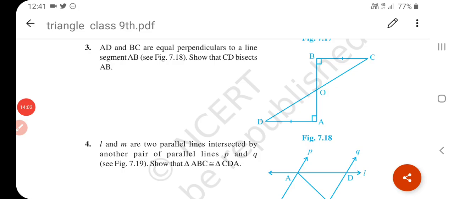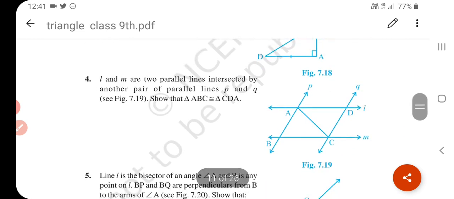So students, question number 3 is very easy because we have done this type of example. So do it by yourself. Now question number 4. L and M are two parallel lines. See, read carefully whatever is given in the question, and note down the points. What is given?